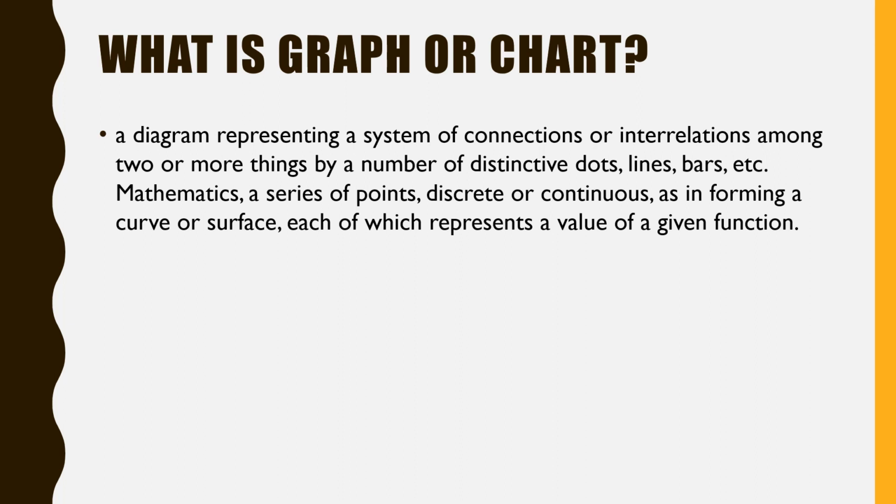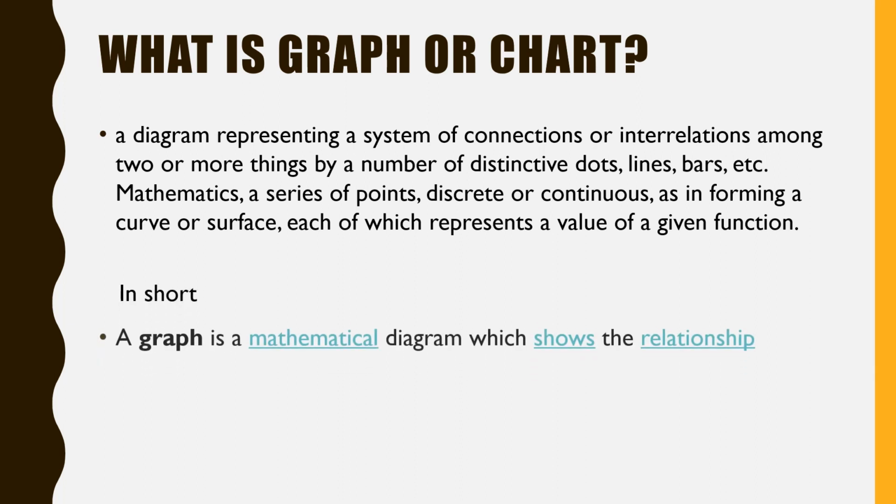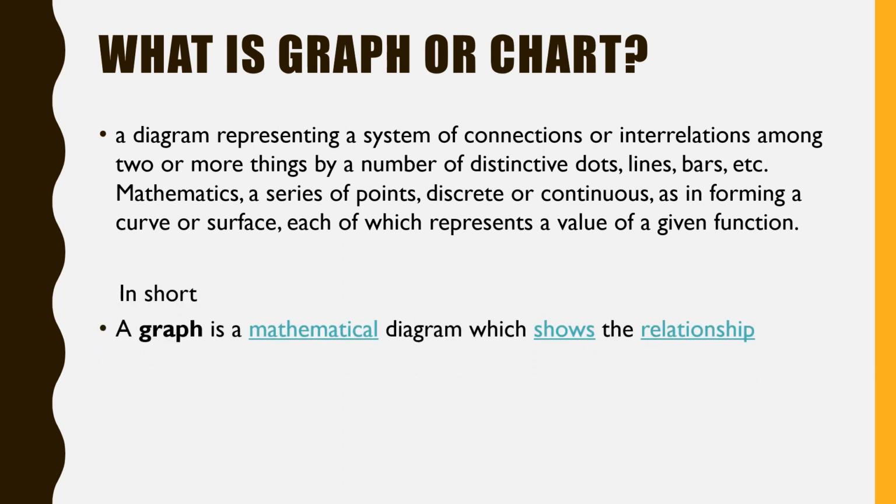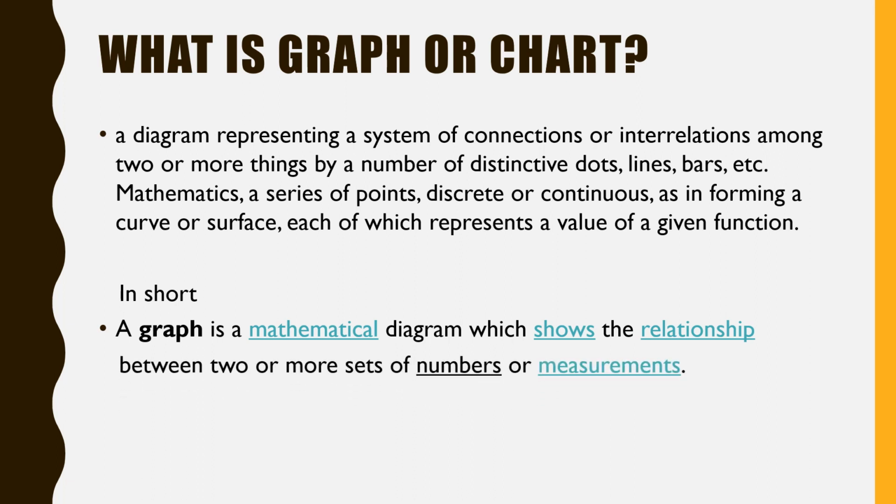That's a bit lengthy, so let's get a short one. In short, a graph is a mathematical diagram which shows the relationship between two or more sets of numbers or measurements. Can you tell me some synonyms for graphs? Yes, it may be diagram or figure or table.